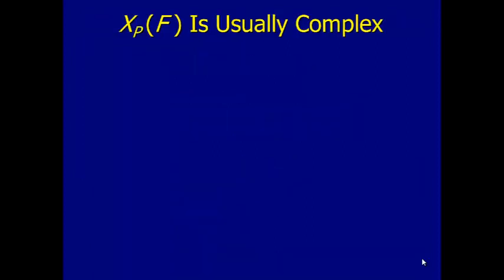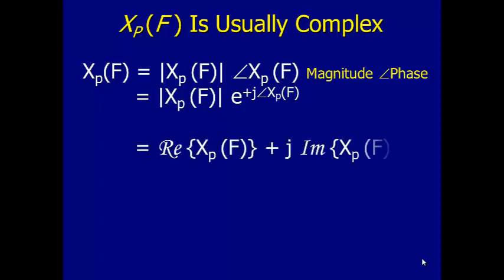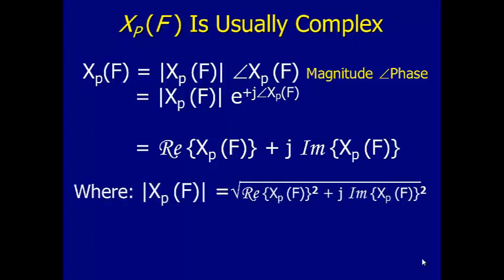Unfortunately, again, x sub p of f is going to be complex, which means we'll probably talk about its magnitude and phase, which we can write in magnitude and phase notation, or magnitude e to the j phase. It also can be broken up into real and imaginary parts, but again, for our purposes, the more useful way to look at it is going to be magnitude and phase. So that would be the typical way to do it. And they're related, as we did by example here.